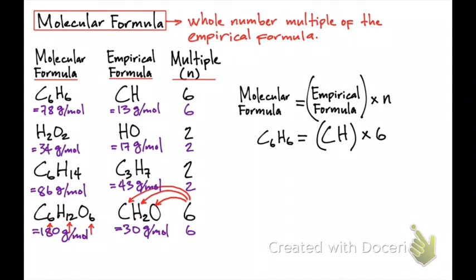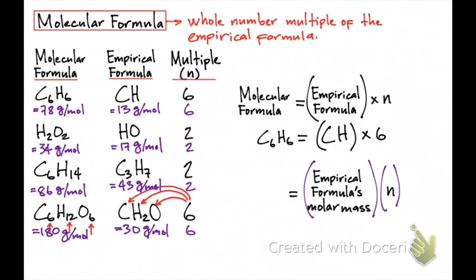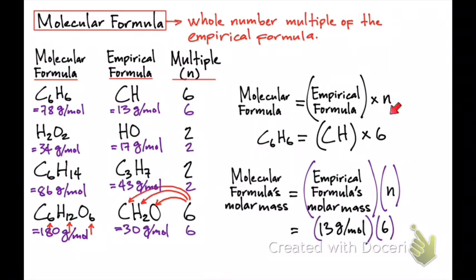And this is also true for the molar mass of the compound. So if you multiply the empirical formula's molar mass by its n multiple, then you get the molecular formula's molar mass. Here's an example. If you multiply 6 by 13, which is the molar mass of the empirical formula CH, then you get 78 grams per mole.